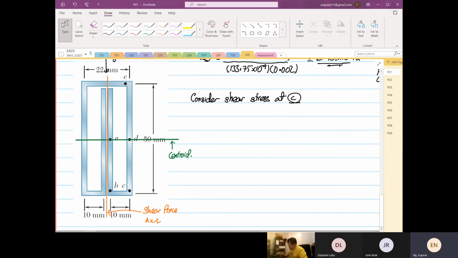Now when we want to find the shear flow or the shear stress for point C, I want you to look at point E. At point E, we take this area because the Q is moving outwards, or flowing in that direction.